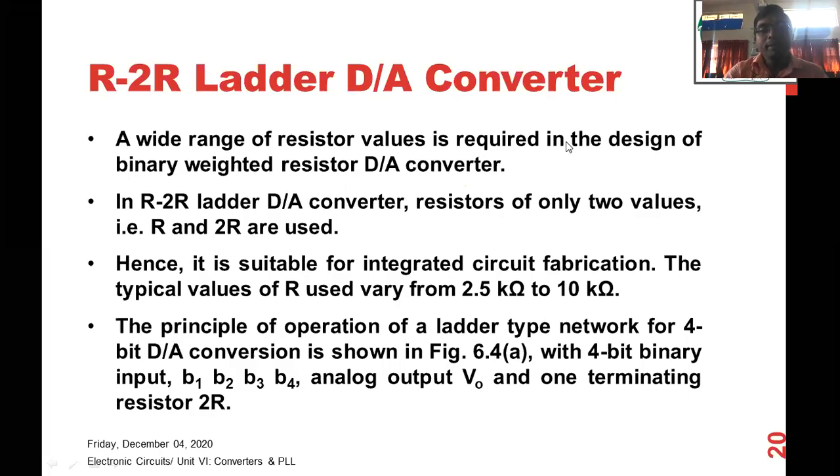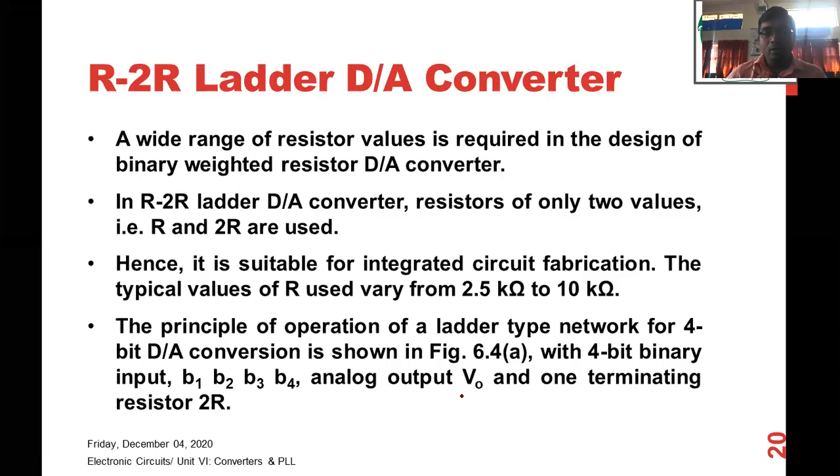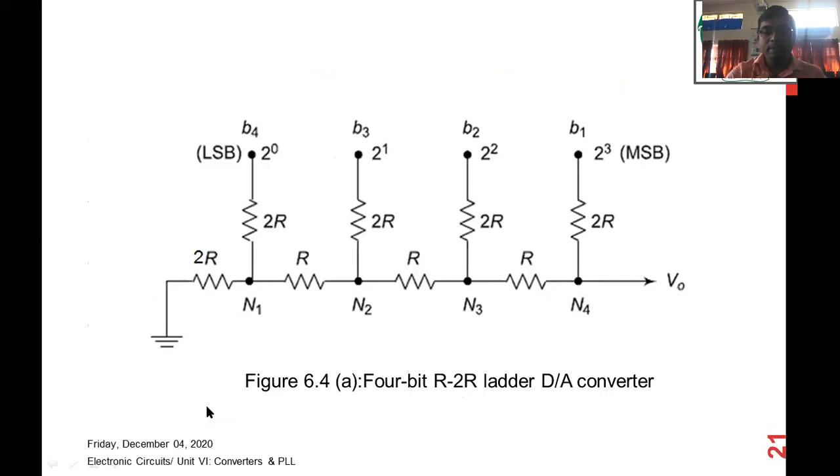The principle of operation of the ladder type network for a 4-bit D to A converter is shown in diagram 6.4a, with 4-bit binary input B1, B2, B3, B4, analog output voltage V0 and one terminating resistor 2R. So this is the structure for the 4-bit R to 2R ladder D to A converter.